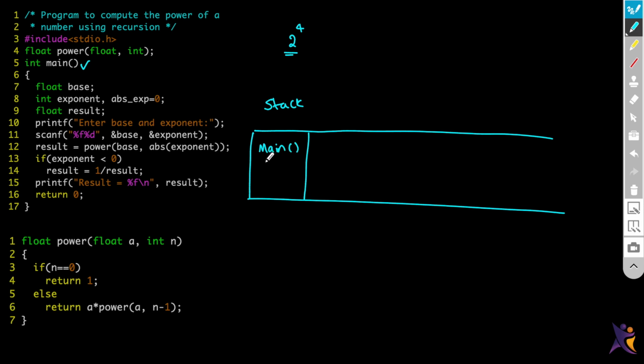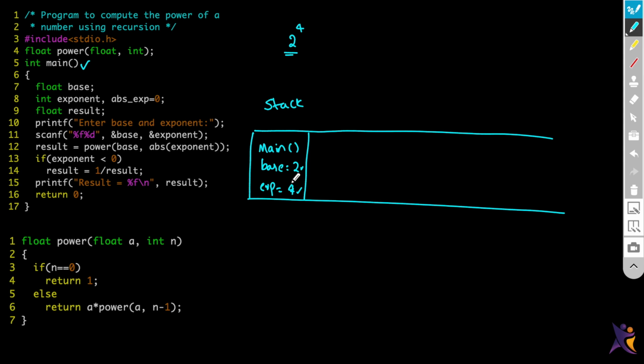In this activation record, I will have base equal to 2 and exponent equal to 4. There are other instructions also in this main function, but I am not representing everything here. For the time being I am having only base and exponent, because these are the values we are going to use.